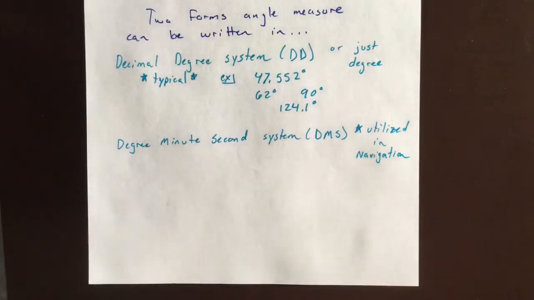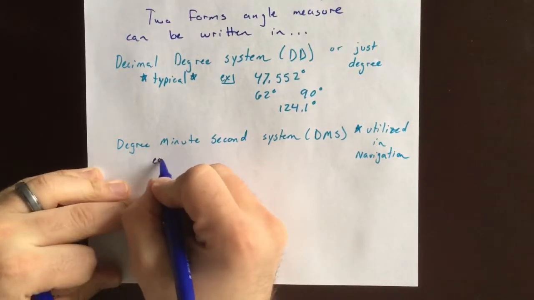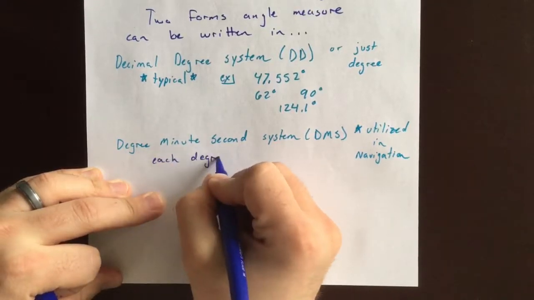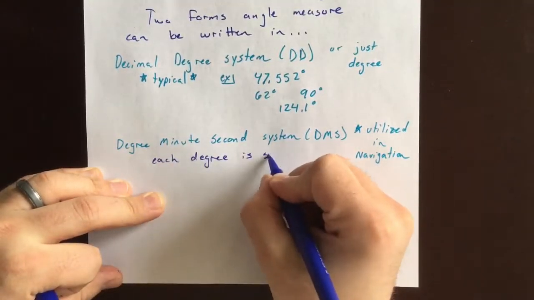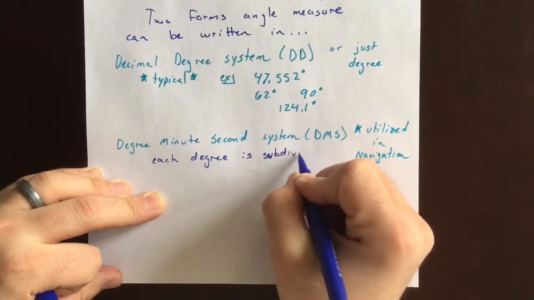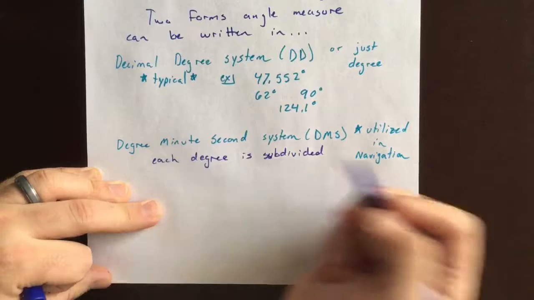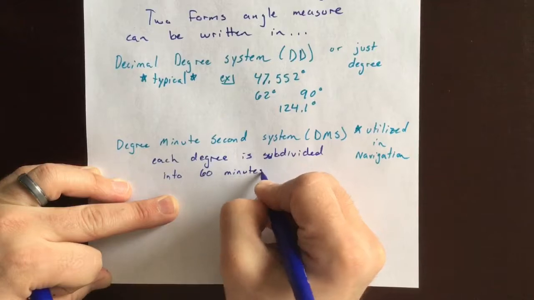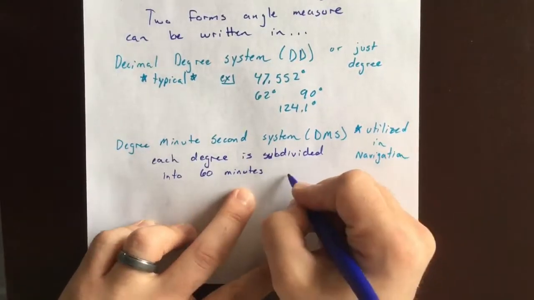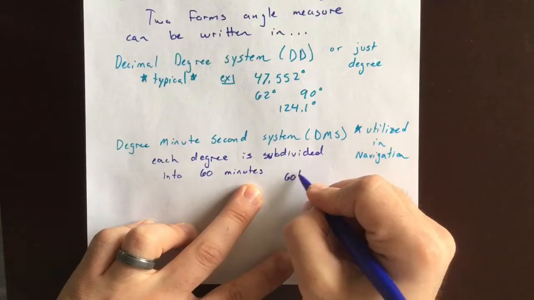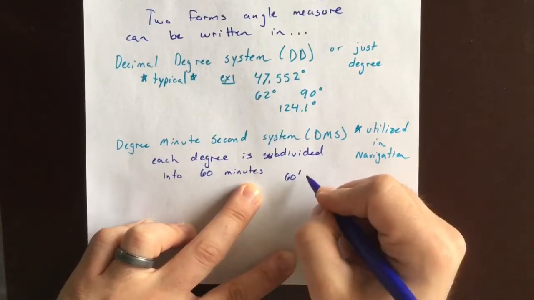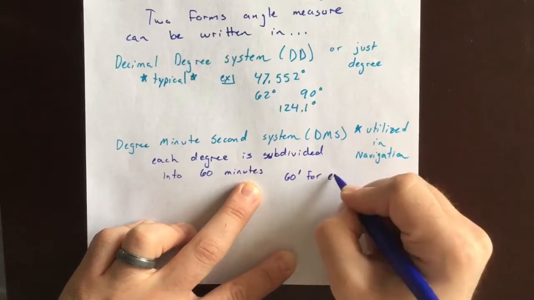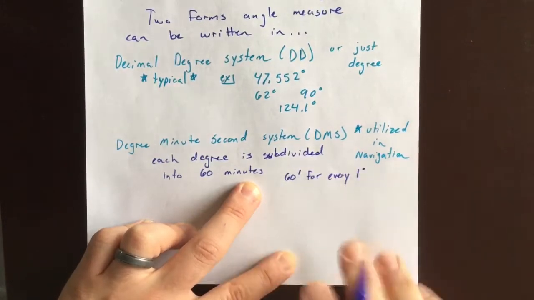And what we have to know here, first of all, is that each degree is subdivided, meaning is made up of, 60 minutes. So if I were to write that down, it's 60 minutes. We're using a little one tick mark. 60 minutes for every 1 degree.